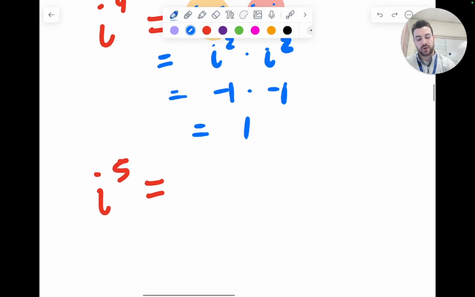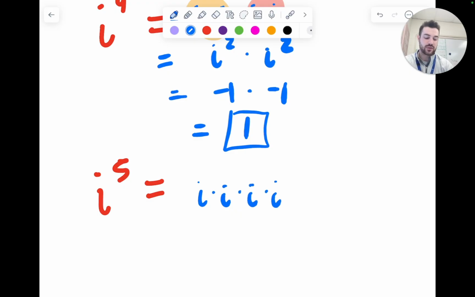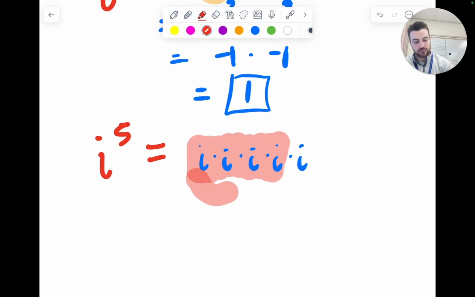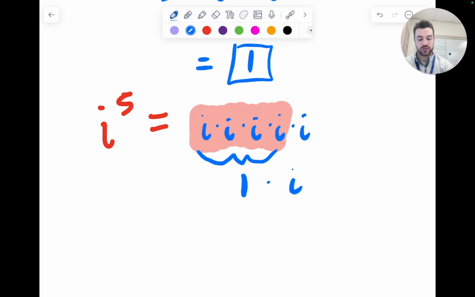Let's keep that process going here. Now we can break it up even easier and do i times i times i times i times i. We just found out that i to the fourth power is 1, so I can rewrite this section as 1 times i, which is just i.